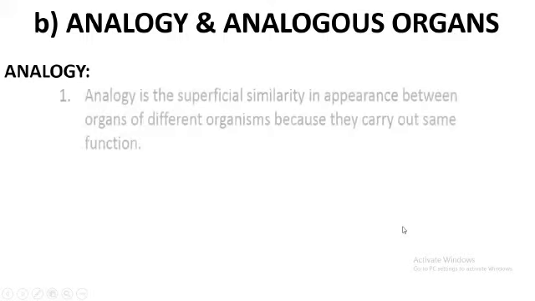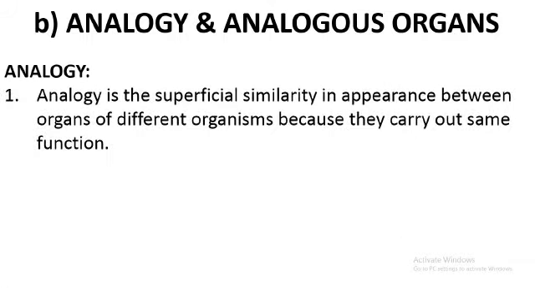What is analogy? It is the superficial similarity in appearance between organs of different organisms because they carry out the same function. For example, take the wings of birds and butterflies. They help in flying, so their wings appear to be similar.